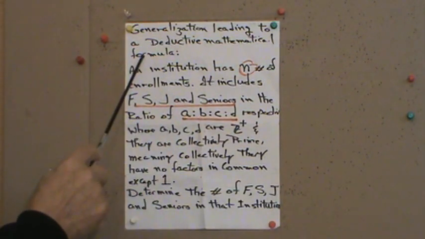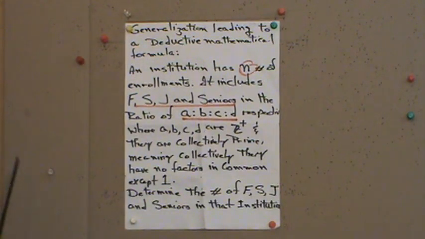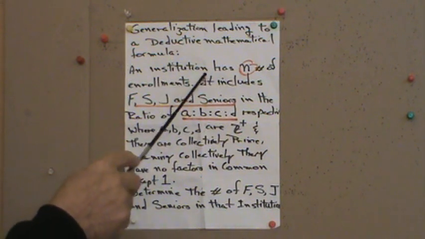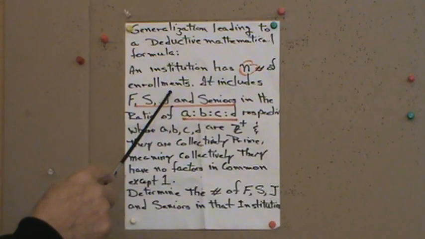Generalization leads to the deductive mathematical formula. Right now, we are going to generalize the contents of all those five lectures that I have given. So we start this way. An institution has n number of enrollments.